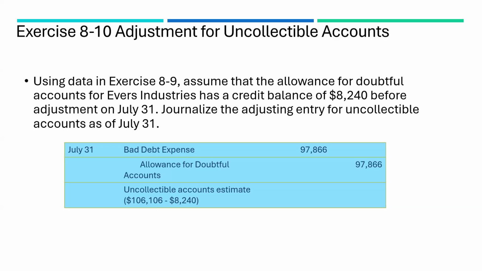And so the amount plugged to get our bad debt expense and our allowance for doubtful accounts is $97,866. And that, so the bad debt expense of 97,866, that's what's actually going to hit our income statement for the period.